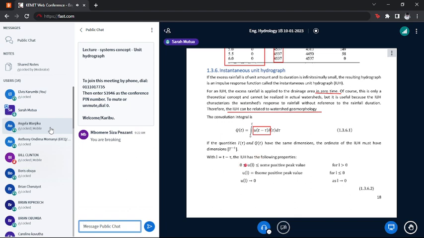And this instantaneous unit hydrograph has some positive peak value if L is greater than 0, and it has some positive peak value for L is equal or less than 0, and as the L, that t minus tau, tends to 0, then U of L also tends to 0.